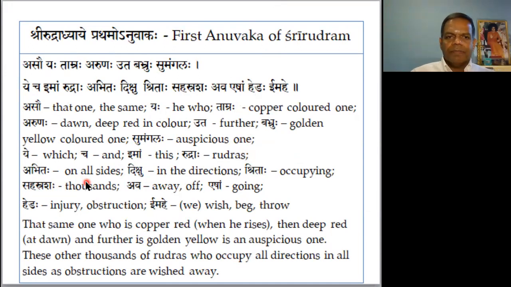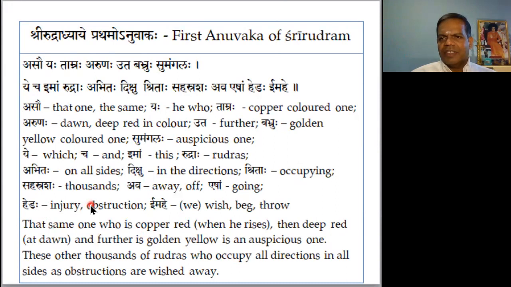So there are Rudras which are around. Dikshu means in every direction, different directions. Shritaha: so that means in all directions around, they are occupying, they are staying.